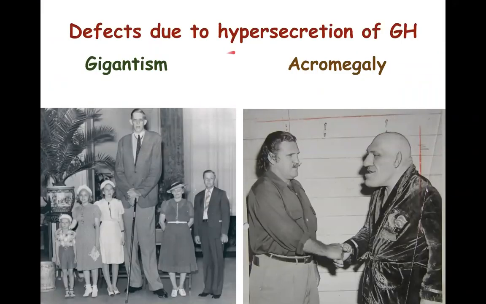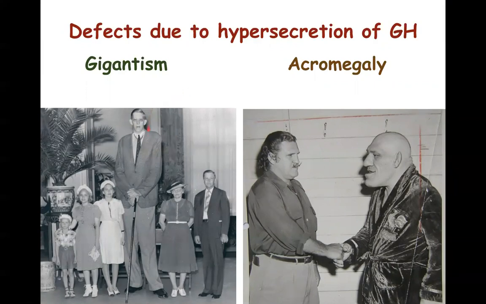If there is hypersecretion of growth hormone, it causes two defects. That means excessive secretion of growth hormone causes two defects. Number one is called gigantism, and number two is called acromegaly. Gigantism is when there is an oversecretion of growth hormone in a child. A child should have the secretion of growth hormone stop or reduce with advancing age, and it should completely stop the moment you become an adult.